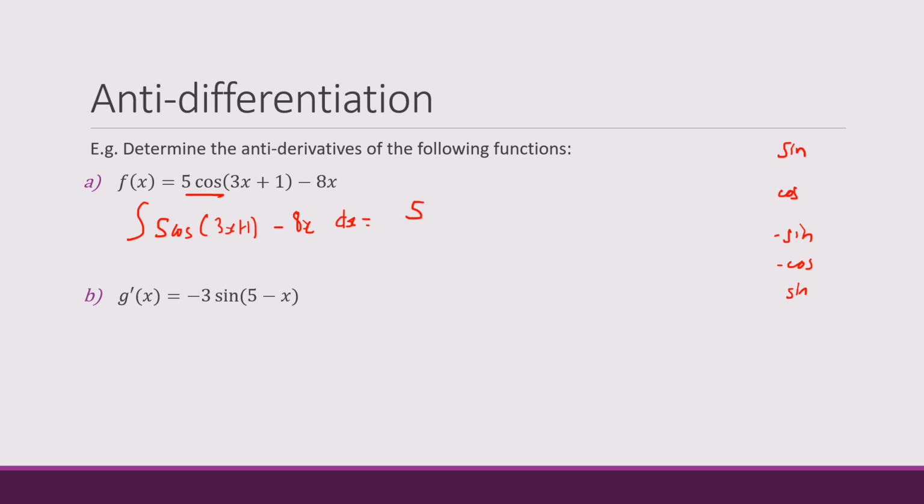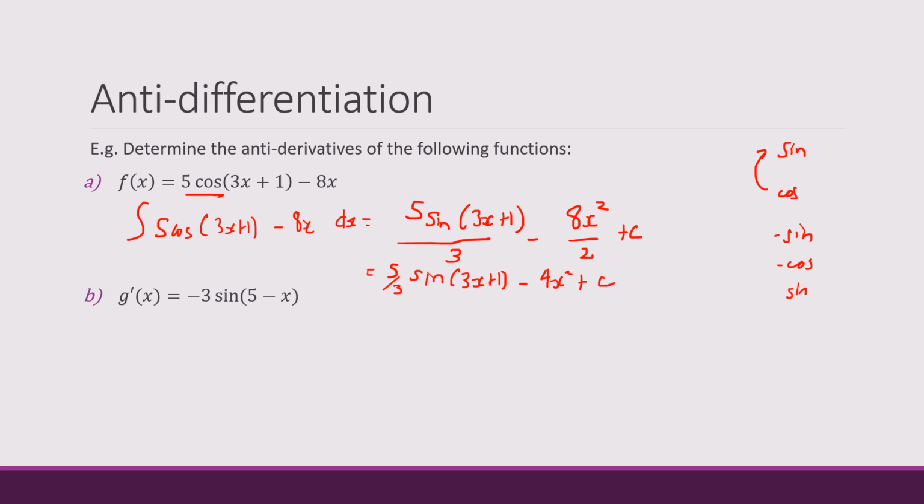For 5 cos, when we go up, we change to sine: sine 3x plus 1 divided by 3. The minus 8x is a power function, so the power goes up to 2, divided by the new power, plus c. That gives 5 thirds sine 3x plus 1 minus 4x squared plus c.